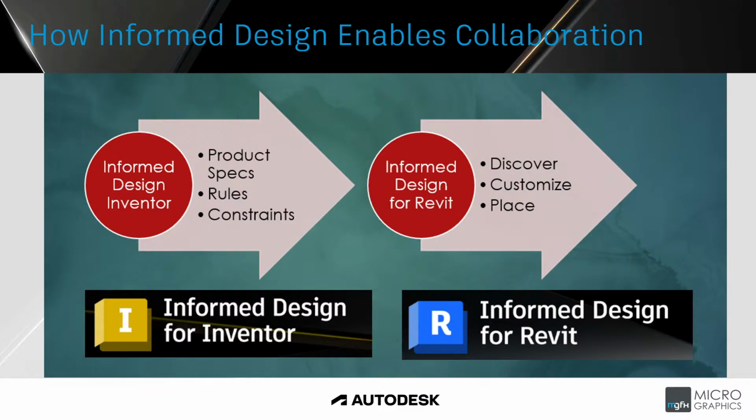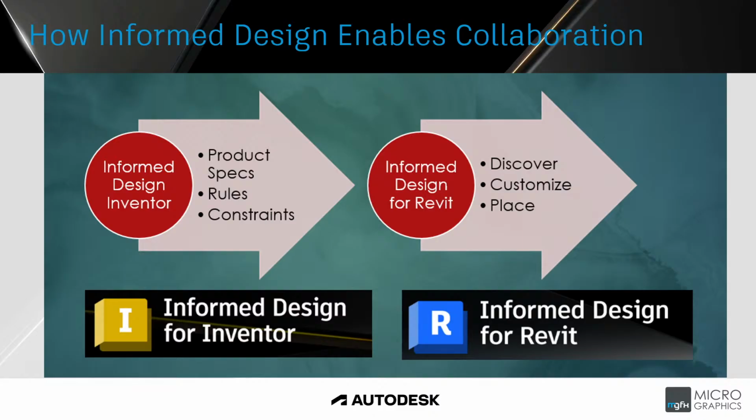In Inventor, product teams define the specification, rules and constraints, ensuring that the building products are accurate, compliant and ready for integration. In Revit, the designers can discover, customize and place these products directly into their building models. This two-way connection fosters a lot better communication.